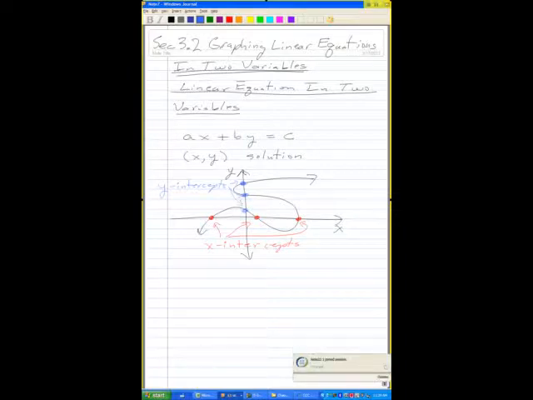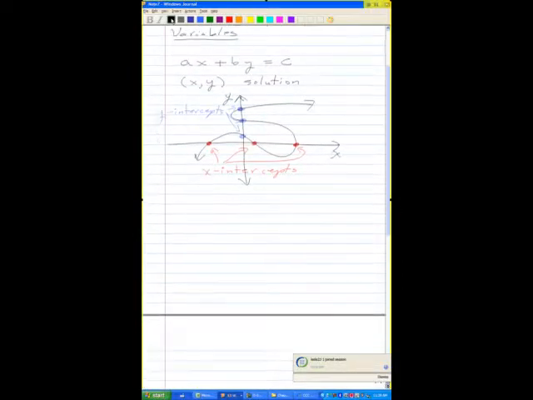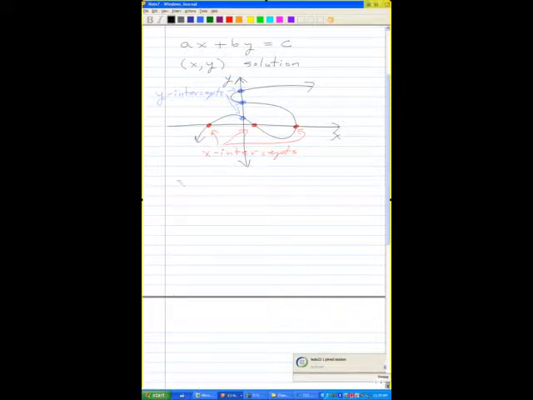To find an x-intercept, you set y equal to 0 and you solve for x.